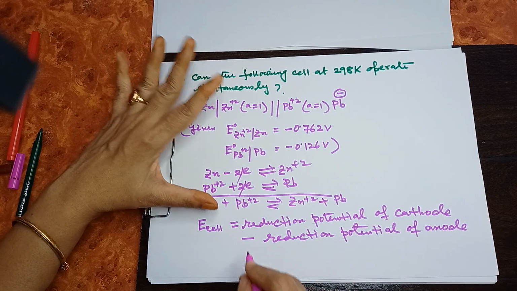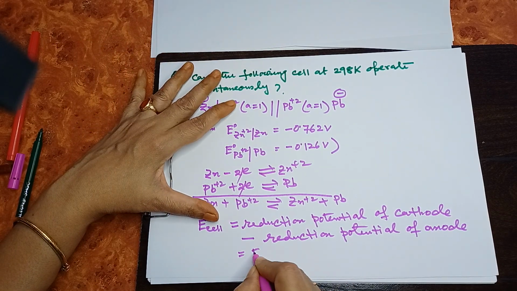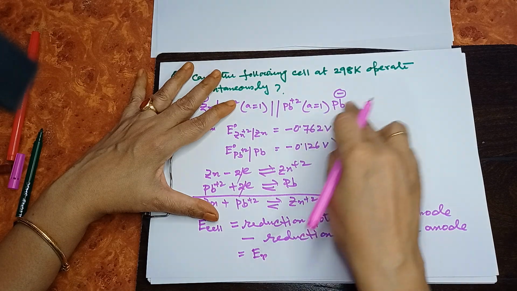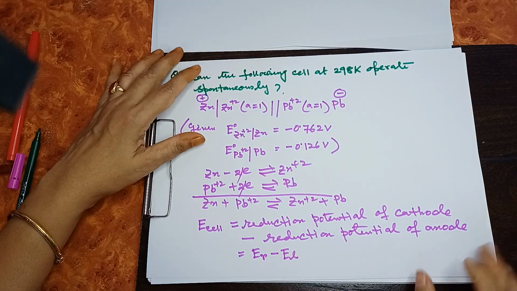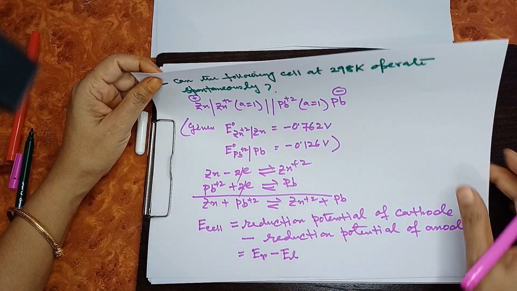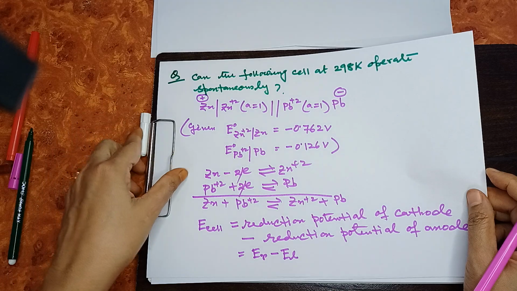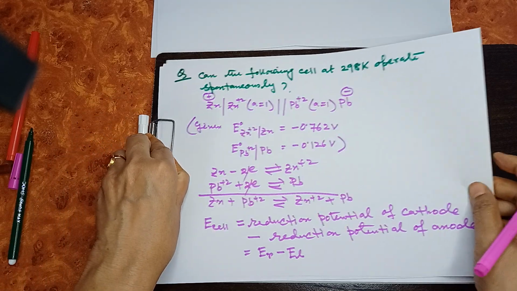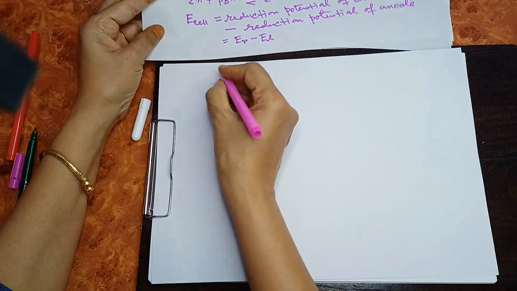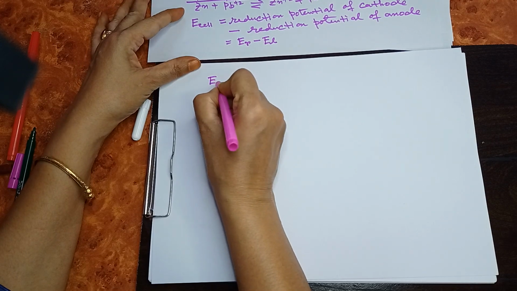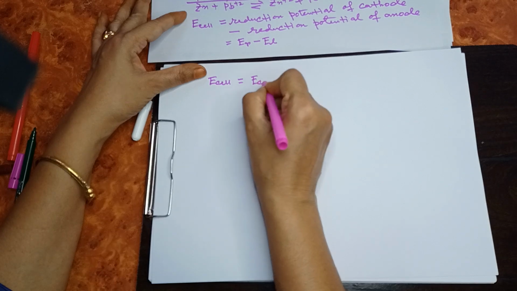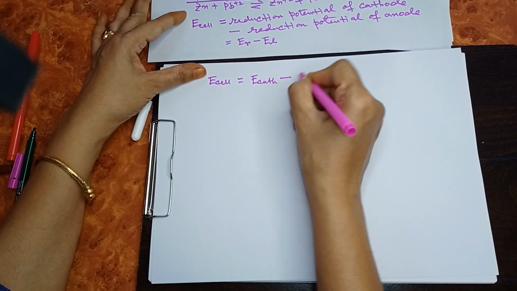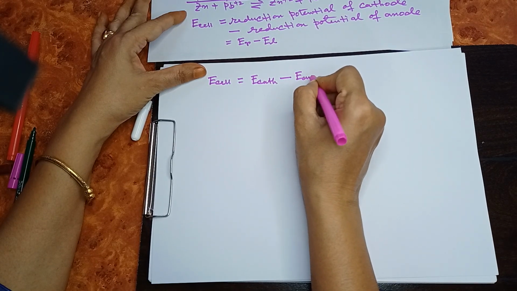Okay. That means you write it as ER minus EL, where R means right hand side, which is the cathode, and left hand side is the anode. So, what will be the EMF of this cell now? That is, E cell is equal to E cathode minus E anode.